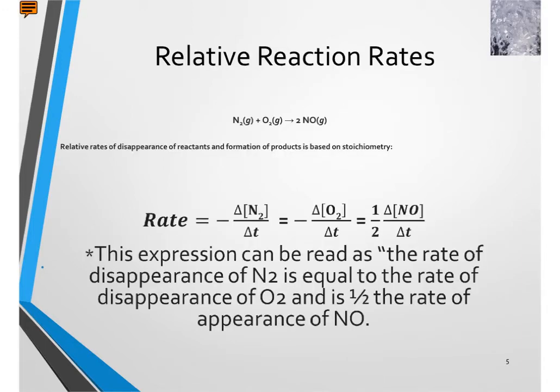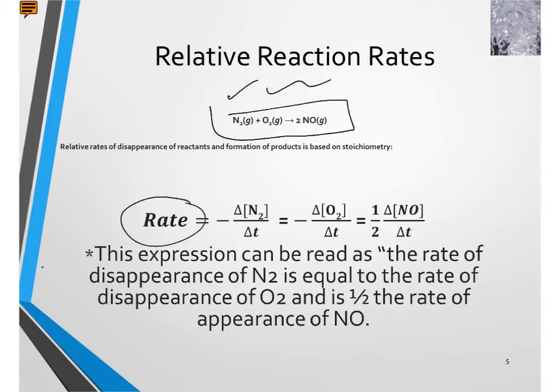A couple of examples. Here's a real reaction. And let's say the problem asked you to express the rate of reaction in terms of all of the reactants and products. So you would do something like this. There's a coefficient of 1 right in front of the two reactants, right?